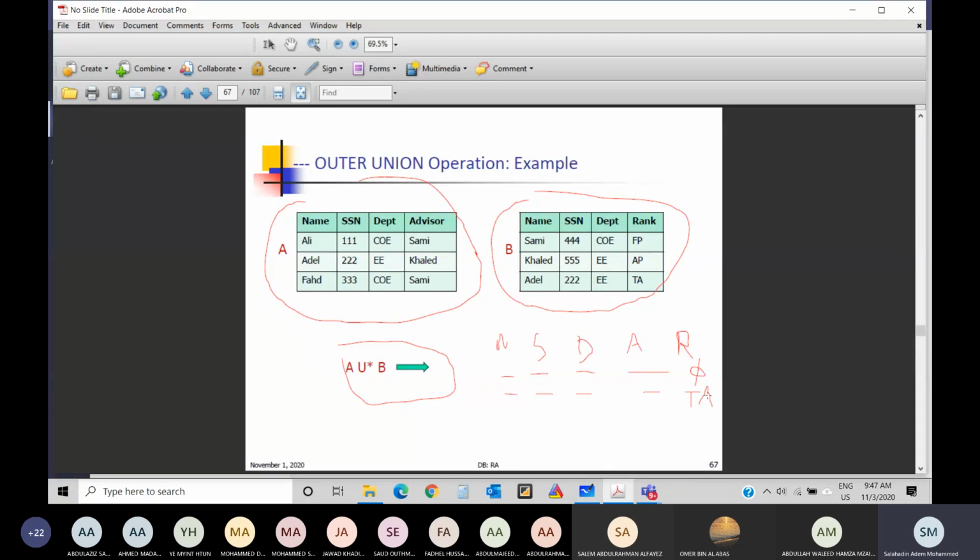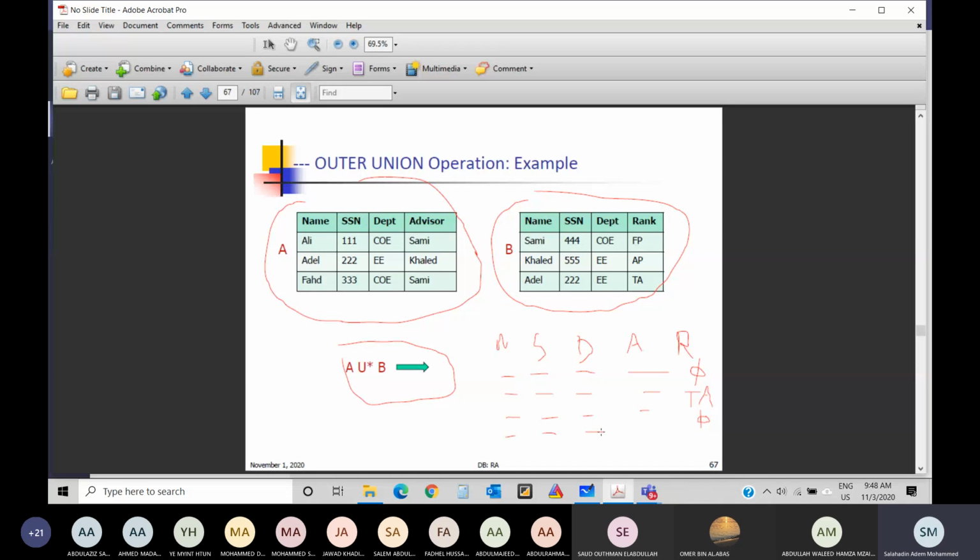Now take the third one, Fahad. Fahad 33 COE. Advisor is Sami. Do I have Fahad here? No Fahad, right? So there is no rank. Okay. Now, do I have Sami here? Sami, SSN is 444, department is COE.